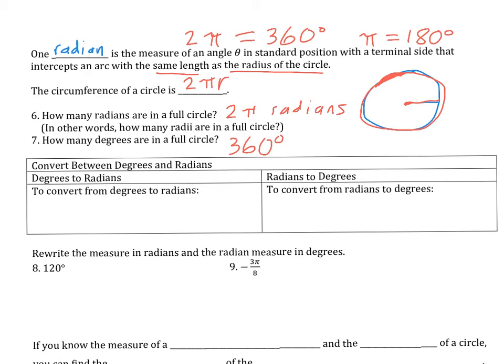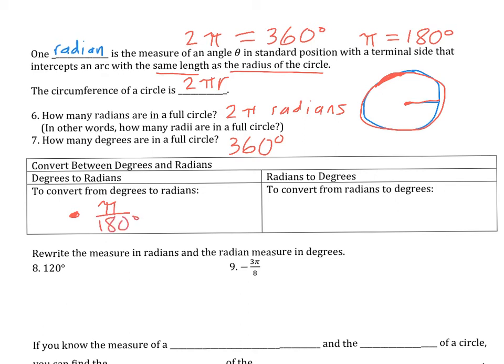Alright, so if you're going to convert from degrees to radians, so if you were doing dimensional analysis and you wanted degrees to cancel out, you would take the angle, whatever it is, and you would multiply by pi over 180.